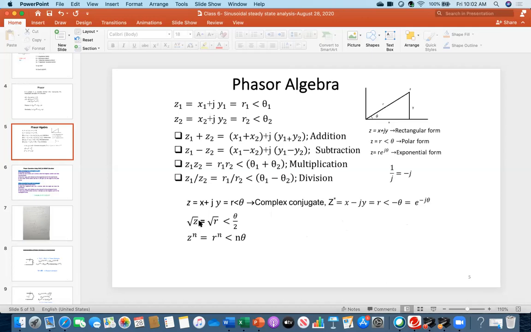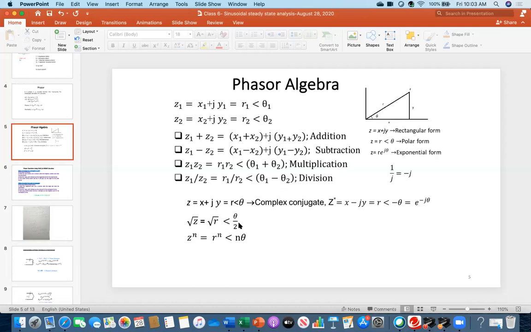Now, what is the square root of Z? What was my Z? Z is r at an angle of theta, polar form. If I take the square root of Z, what will happen? The square root of r for the magnitude, but the angle will be divided, because the square root of Z means Z to the power half.